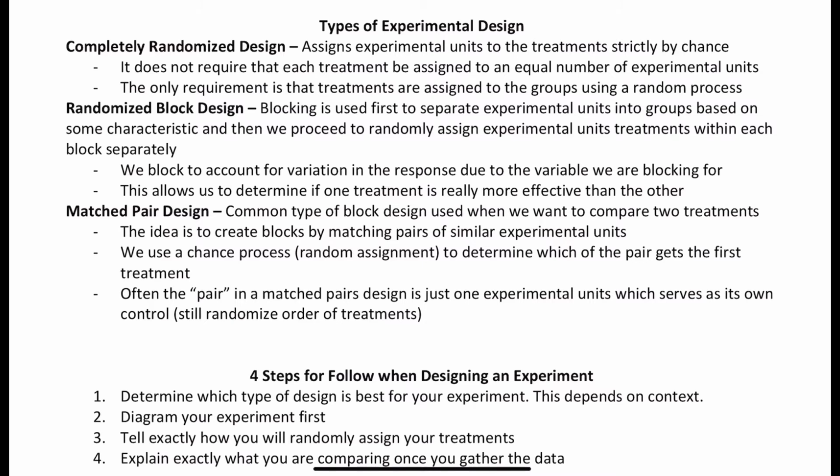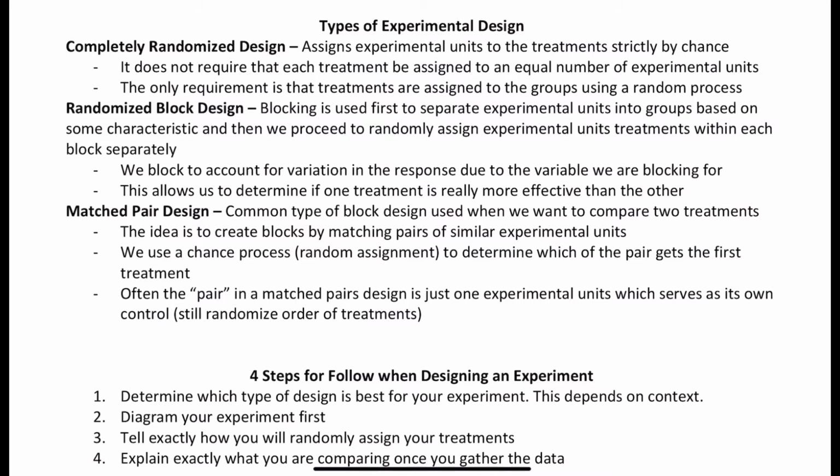We first separate those units into groups based on some sort of characteristic, usually birth, sex, or age, or things like that. And then we randomly assign the treatments to units within each block separately. We do that to account for variation in the response, and we can determine if one treatment is actually more effective over the other.